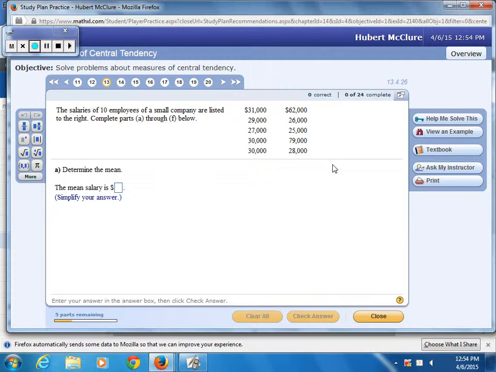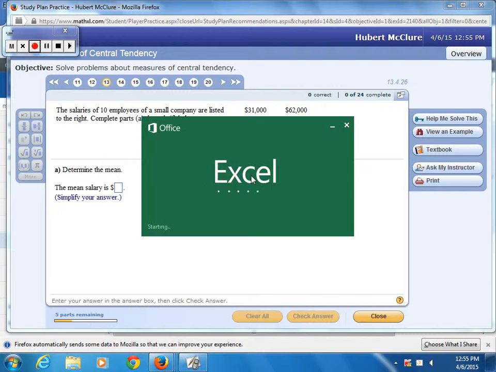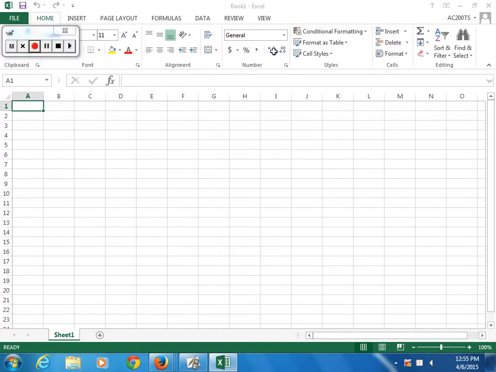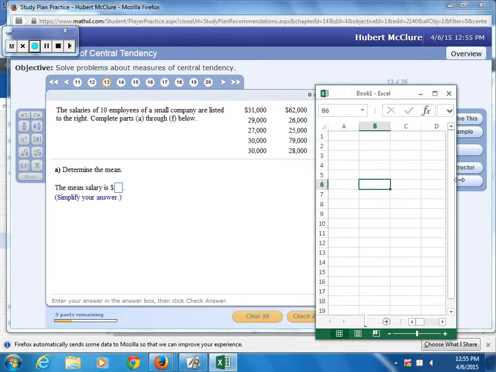And now put them in the Excel spreadsheet so you can see whatever I'm doing. I thought the mode was 32,000 last time.